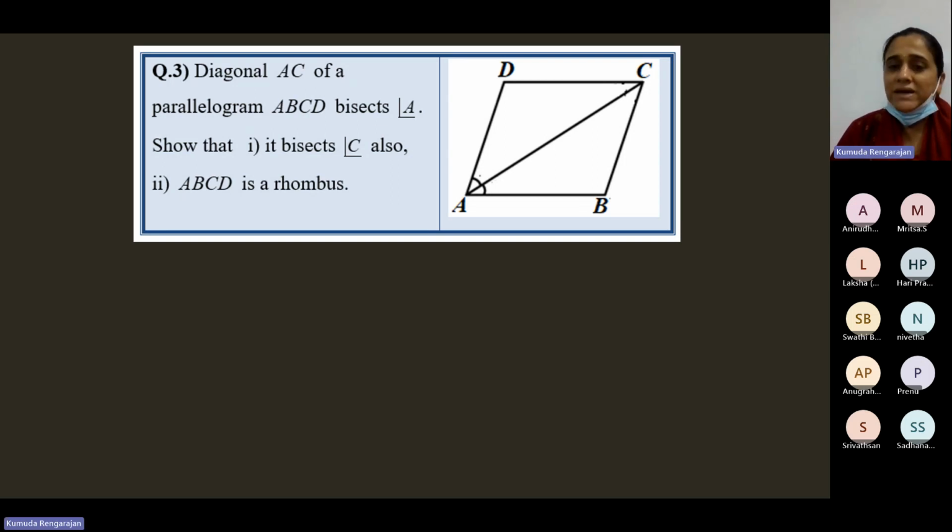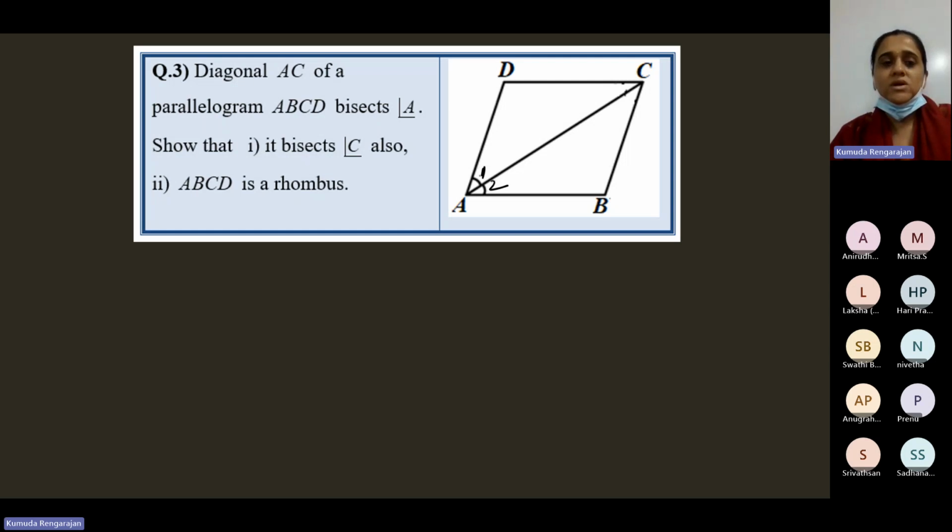Diagonal AC bisects angle A. That means, I've numbered it, angle 1 is equal to angle 2. It's given to you. AC bisects angle A. Now we have to show that it also bisects angle C. That is, show that 3 is equal to 4.